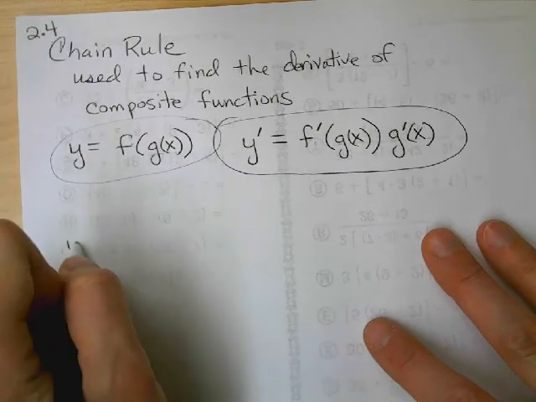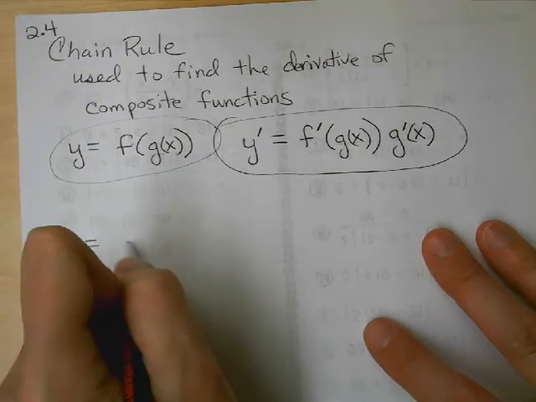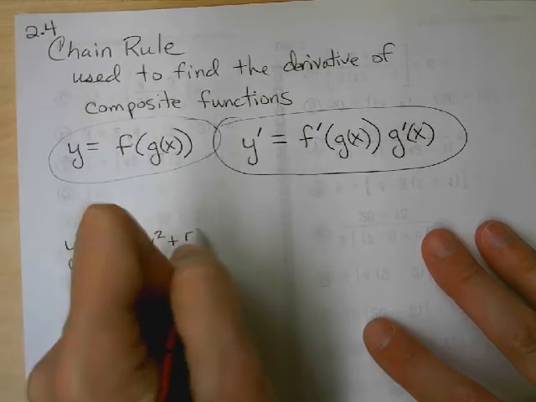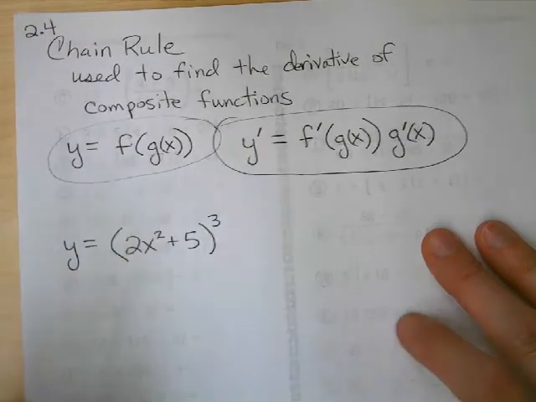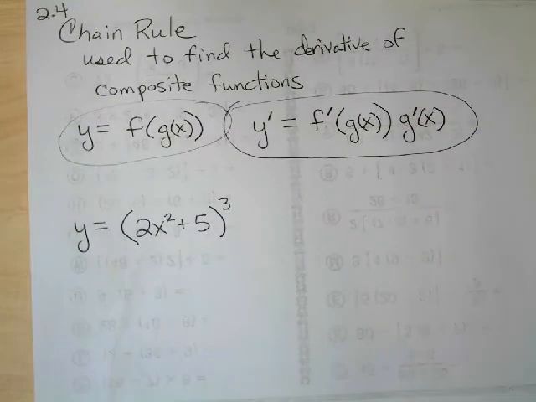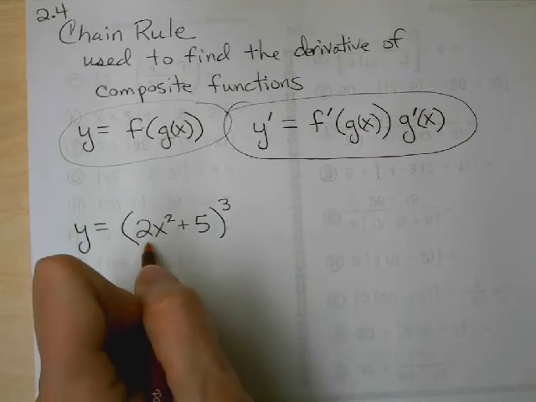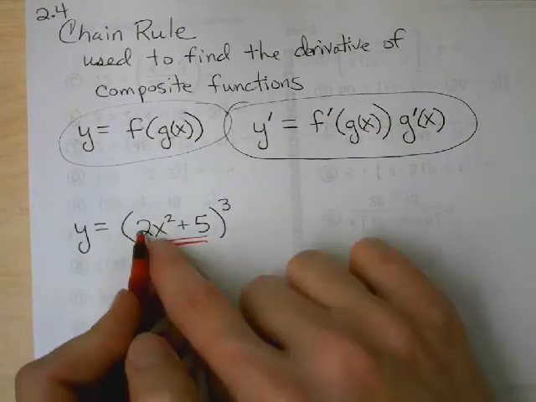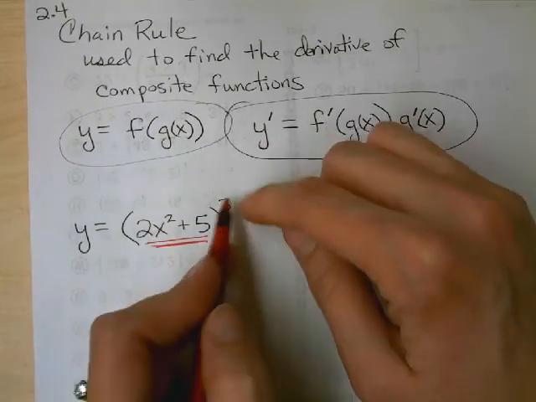So let's say we had y equals 2x squared plus 5 to the third power. This inside part is like another function inside something to the third power.